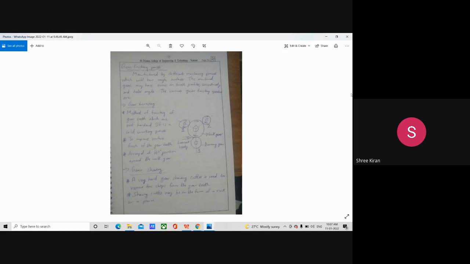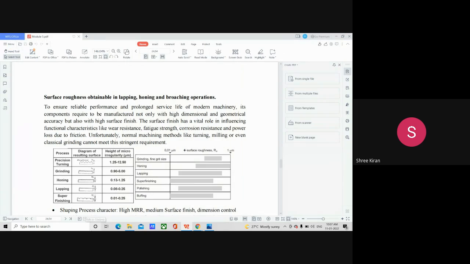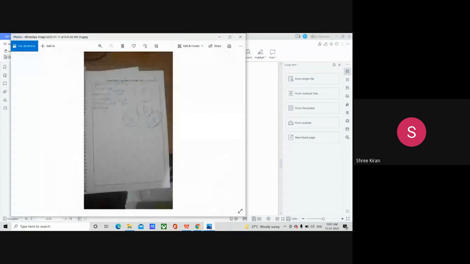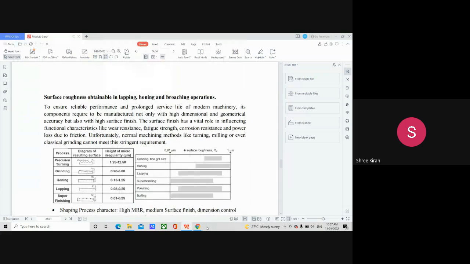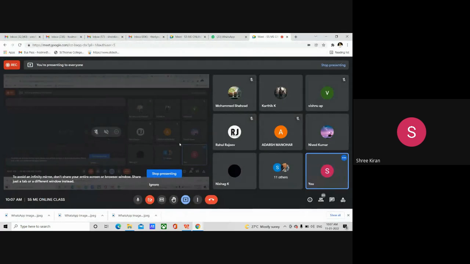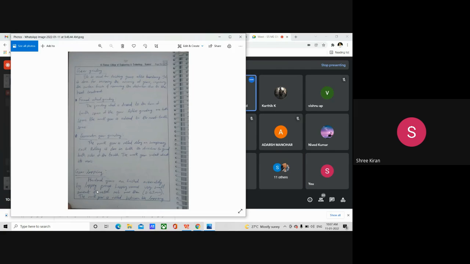What is the purpose of achieving proper shape? Can you tell me?